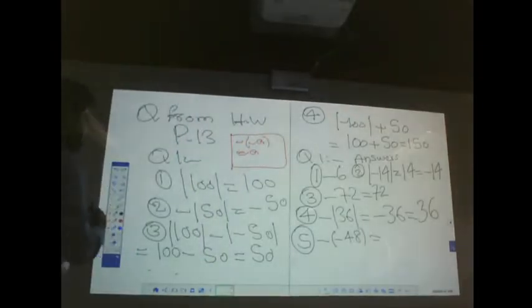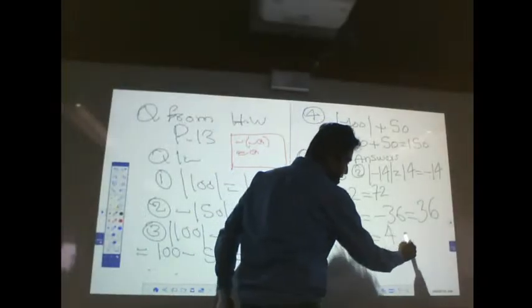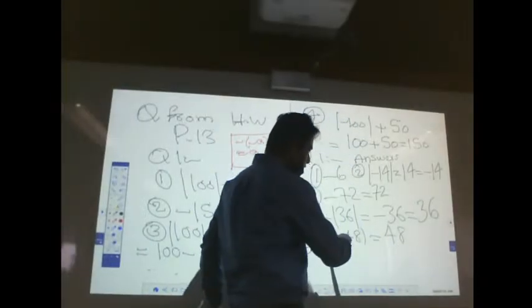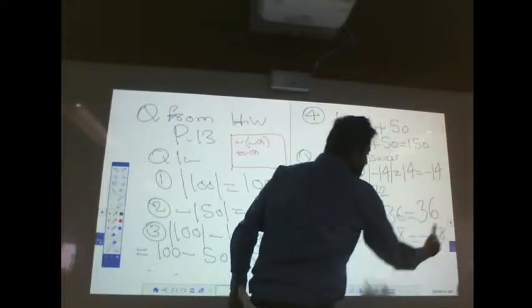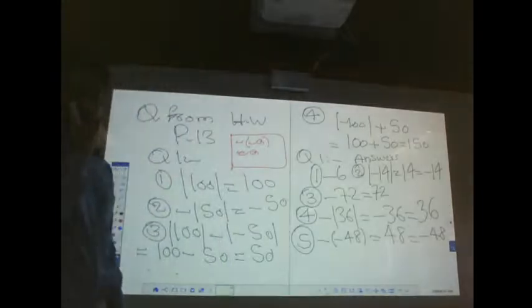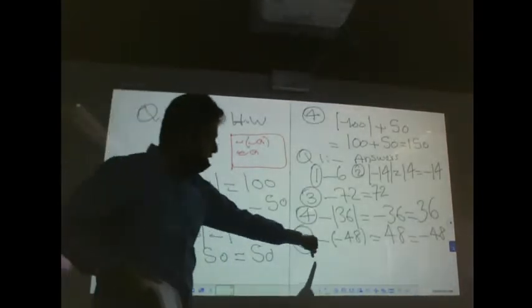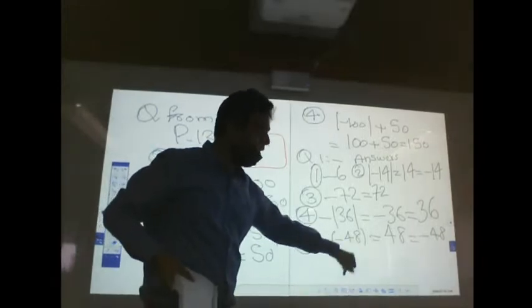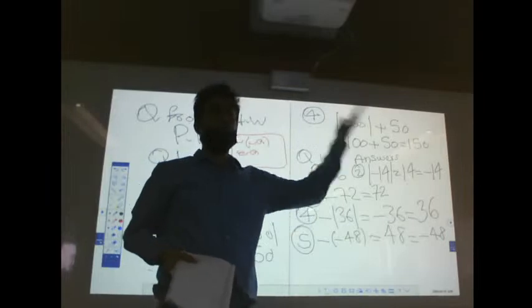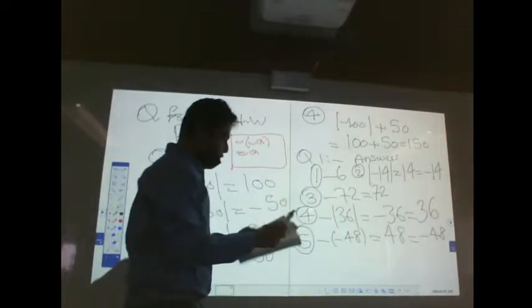So here, minus 48, first it is 48. Now what is the opposite of 48? It is minus 48, right? Because this is already the opposite. So the opposite of 48 is 48. But now we have to do the opposite of the opposite. So number 6.